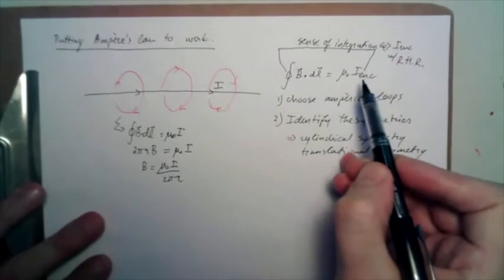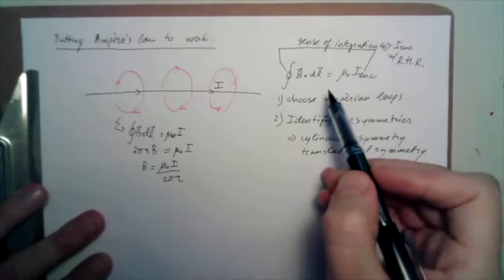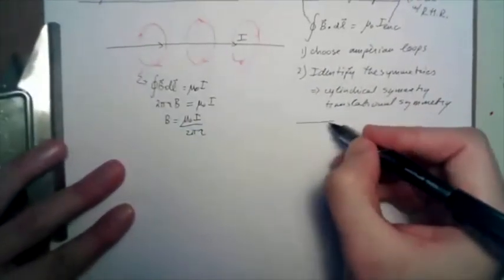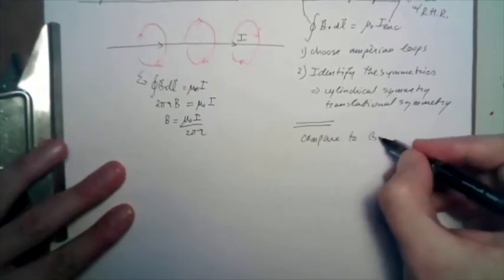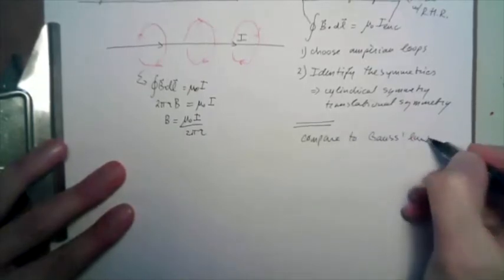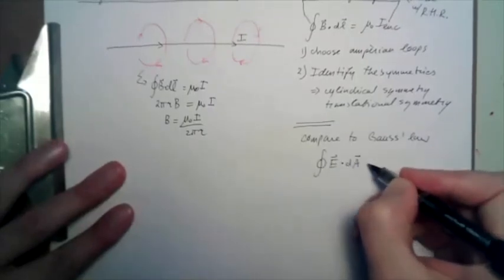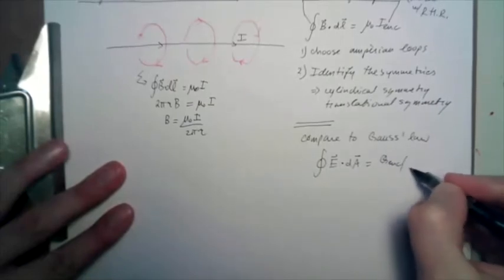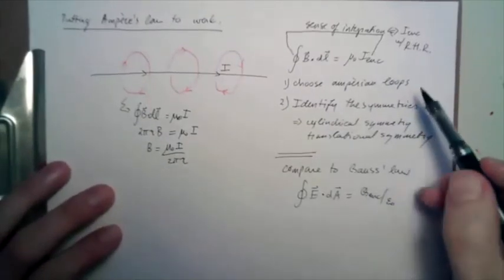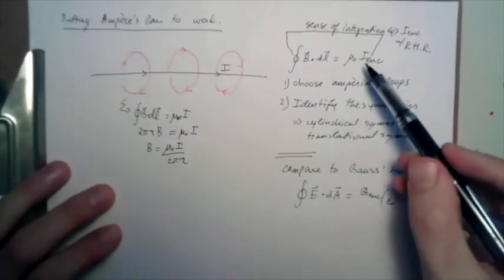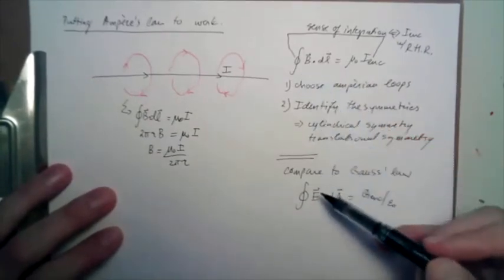This is a little bit trickier about Ampere's law, so let's compare that to Gauss's law. We had the integral of E dot dA is Q enclosed over epsilon naught. There's an enclosed part, there's a mu naught and an epsilon naught that plays the same role. There's a dot product, there's a symmetry.